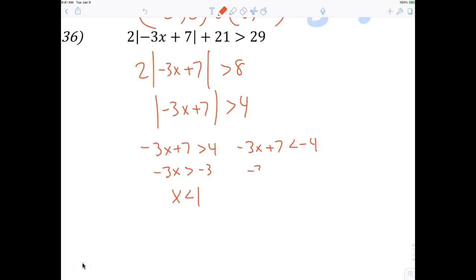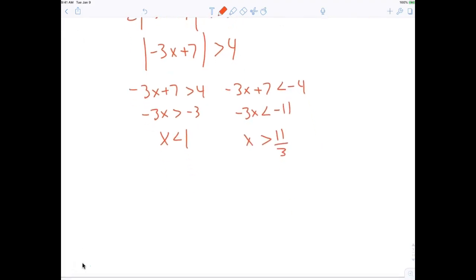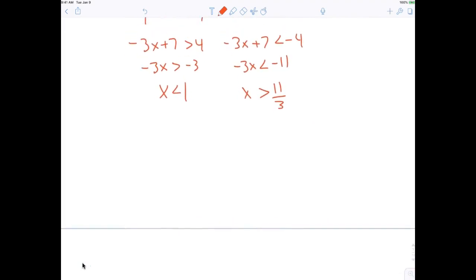Now here, negative 3x is less than negative 11, so x is greater than 11 thirds. You get that? Now, same direction or opposite directions? Is 11 thirds more than 1 or less than 1?